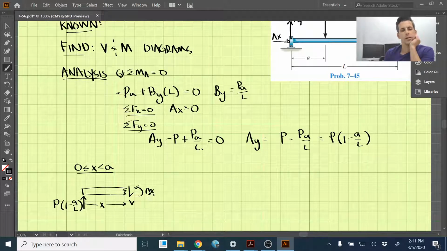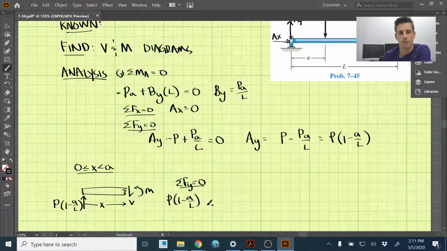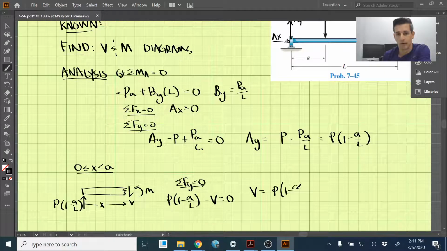Let's take the sum of the forces in the y direction and set those equal to 0. We have P(1 minus A over L) upwards, and downwards we have V, and that's it. So V is equal to P(1 minus A over L).